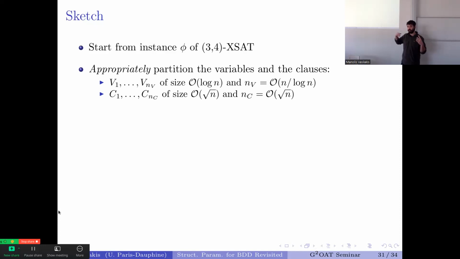And also, if a variable from Vj appears in a clause in a clause subset, then it will appear only once. So this means that we have some kind of one-to-one correspondence: when we talk about a variable subset Vi and a clause subset Cj, there is at most one variable from Vi that is contained in Cj, and this variable is contained in exactly one clause of it. So this is the trick behind this, and we can do this partition in polynomial time.